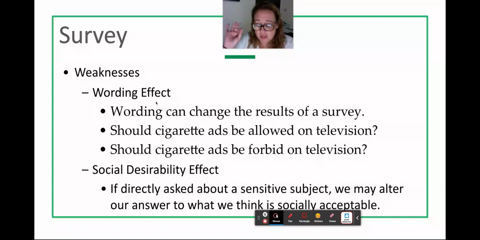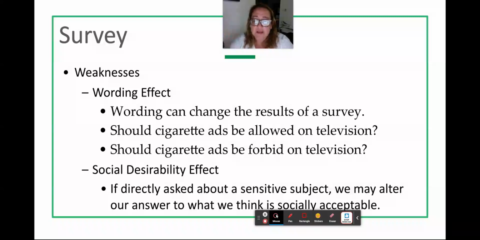Wording effect is basically that depending on how they word, the way the question is framed can have a major effect. So please write that down. The way the question is framed can have a major effect, right? And it could change the results of the survey.